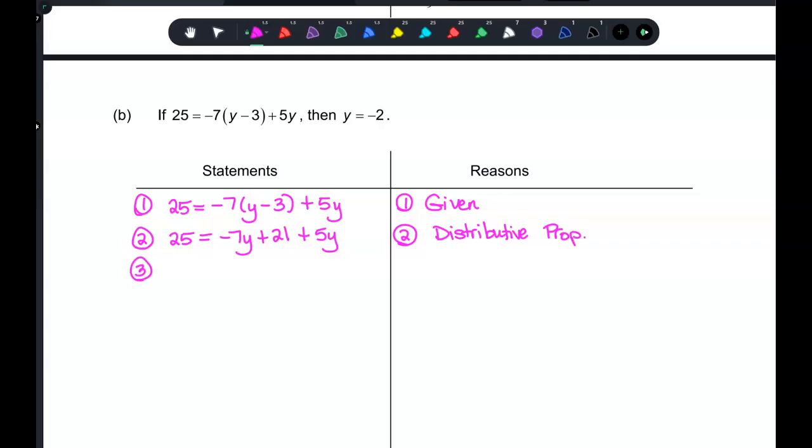Okay. I would combine like terms. Now, did I change the value if I put a negative 2y plus 21? I just replaced it, so I'm going to call this substitution property.